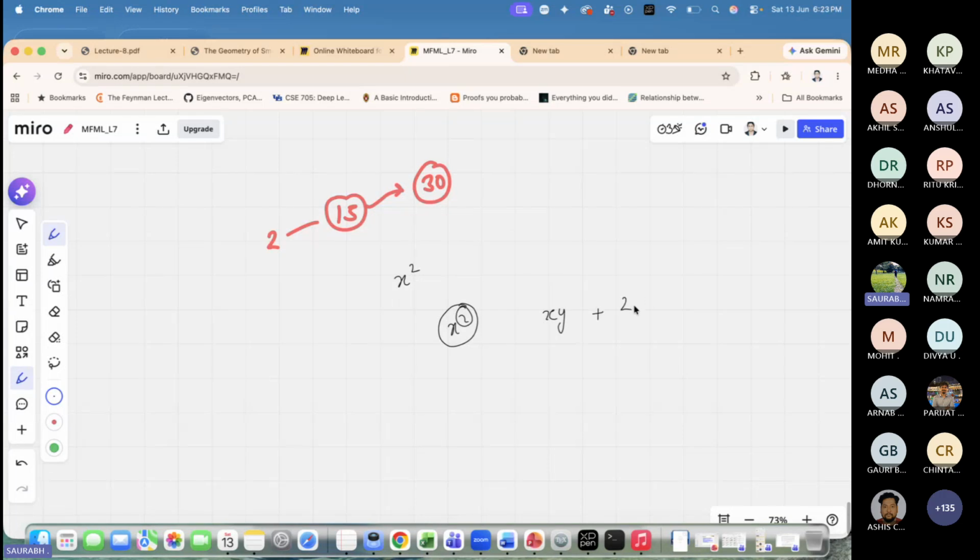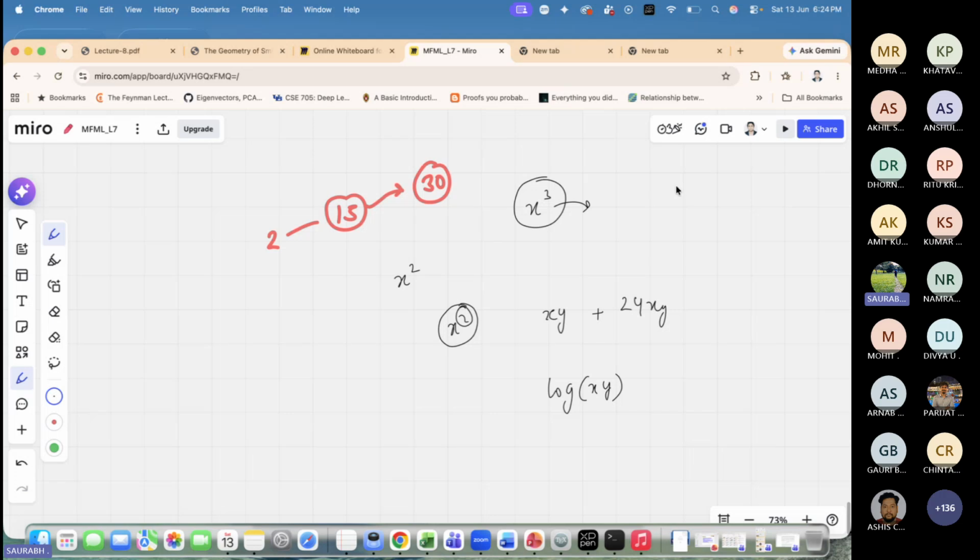They can give you some fancy terms like log of xy, but they can never give you something more than x square, or x cube and so on. In that case, you'd have to do more derivatives and go to the third term.